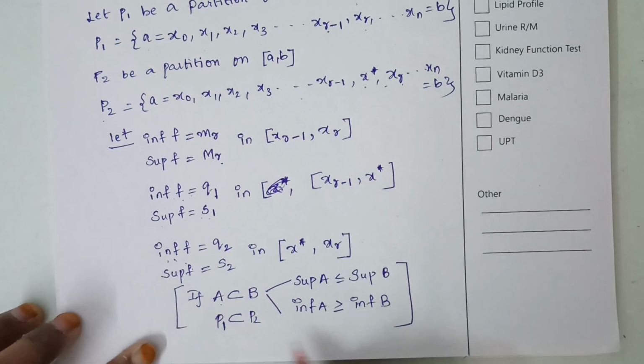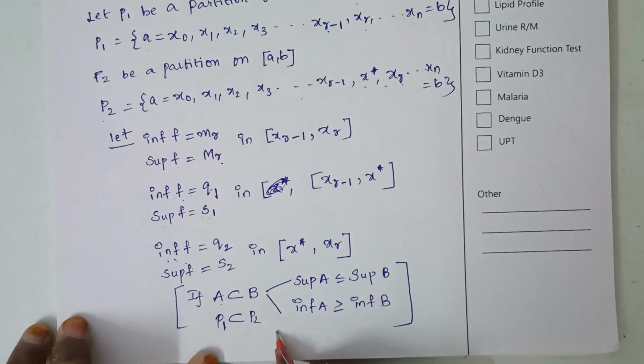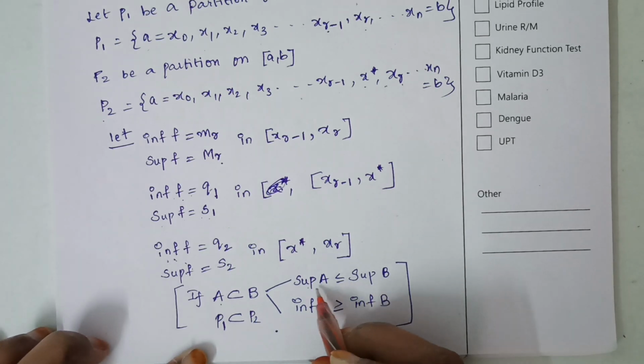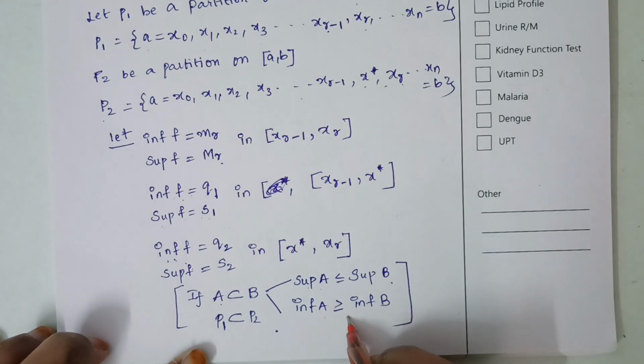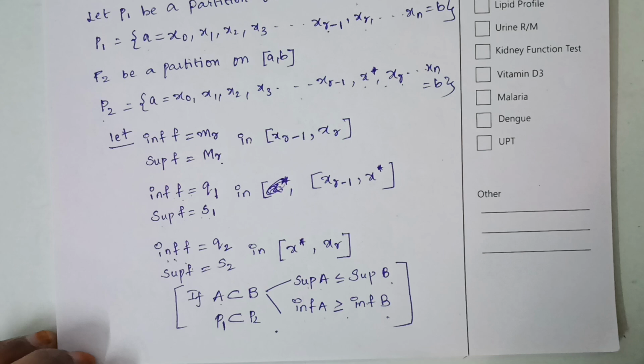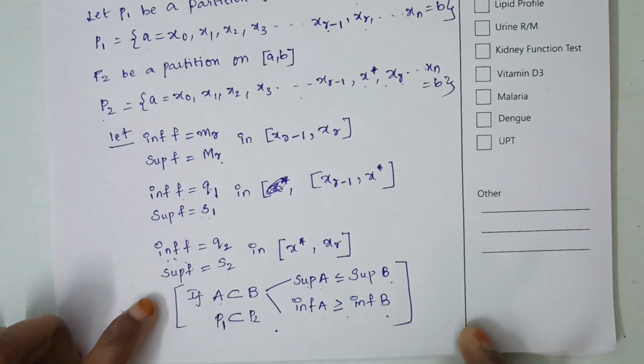P1 is a subset of P2. So from this we need to write supremum A is less than or equal to supremum B and infimum A is greater than or equal to infimum B. And please do remember this one.